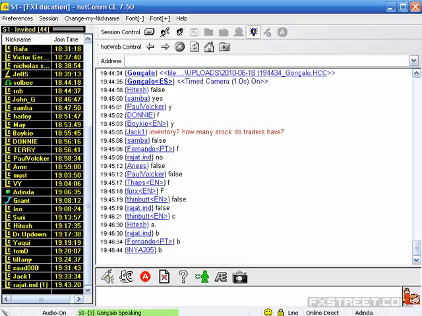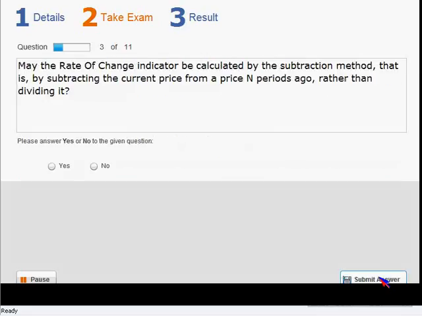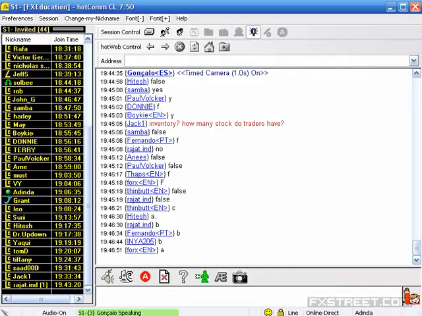All right, submit answer. May the rate of change indicator, the ROC, be calculated by the subtraction method, that is by subtracting the current price from a price n periods ago rather than dividing it? Yes or no? The rate of change.